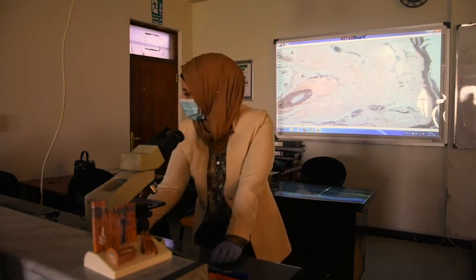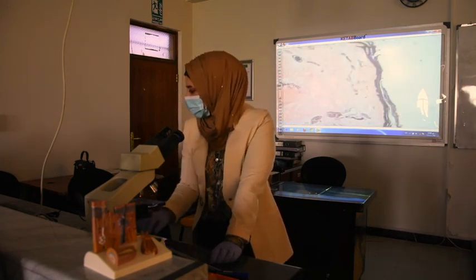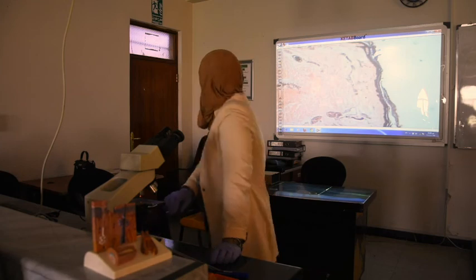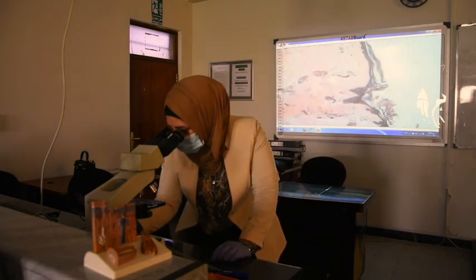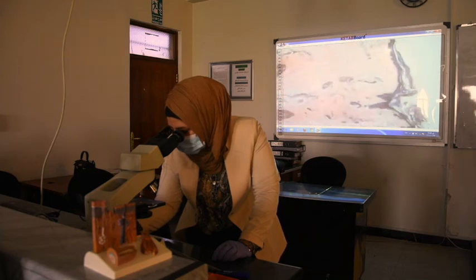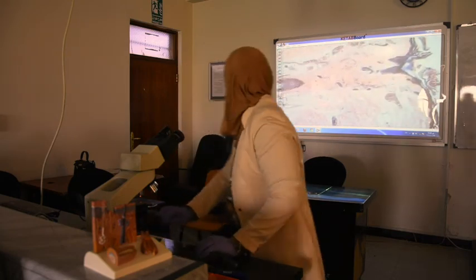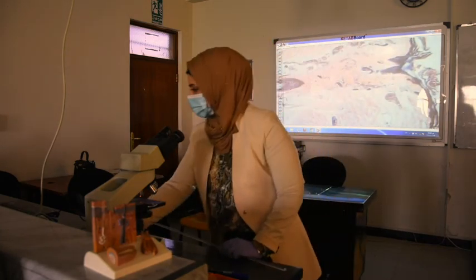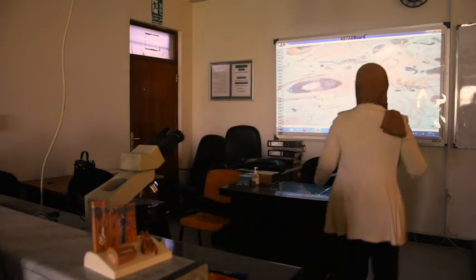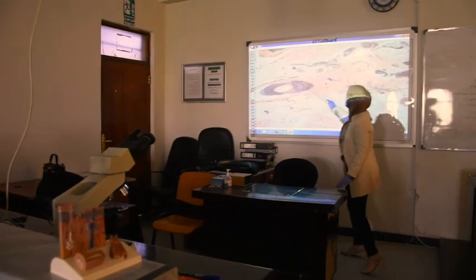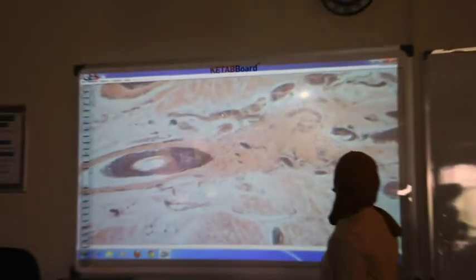Okay, it starts with epidermis and dermis. The dermis contains the hair follicle. Okay, starting with the hair follicle.